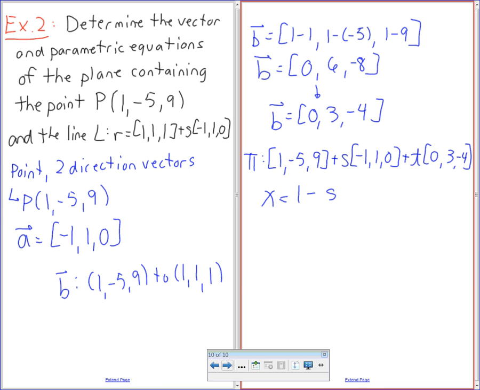I've taught this course 5 straight years now, so this isn't easy, I understand. You're just using the X coordinates here. It's the X coordinate of this, so minus S, and then there's 0 T's. Your Y is going to be -5 plus S plus 3T, and your Z is going to be 9 minus 4T.